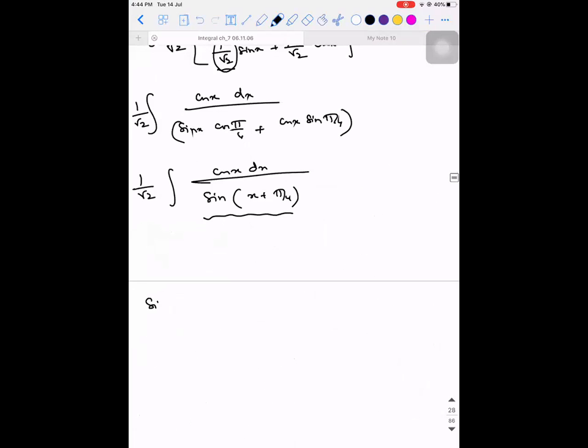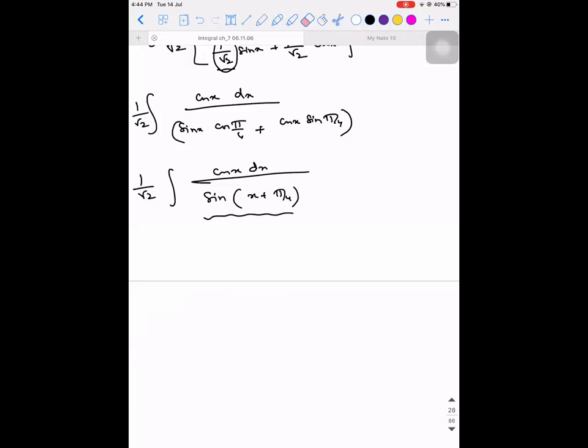So I will put sin of x plus pi by 4 as t. Then what will happen? Cos of x plus pi by 4. Yeah, just a minute.